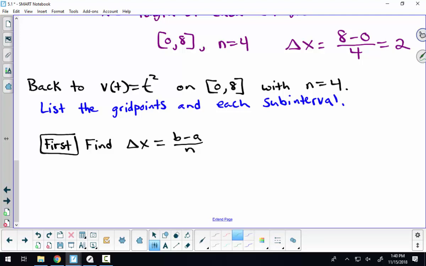So our closed interval 0 to 8, that's our A and B. So A is 0, B is 8, and N is given to us as 4. So we computed that just a minute ago. 8 minus 0 over 4 gives us 2. So that's our delta x. In other words, the length of each rectangle is 2 units long.